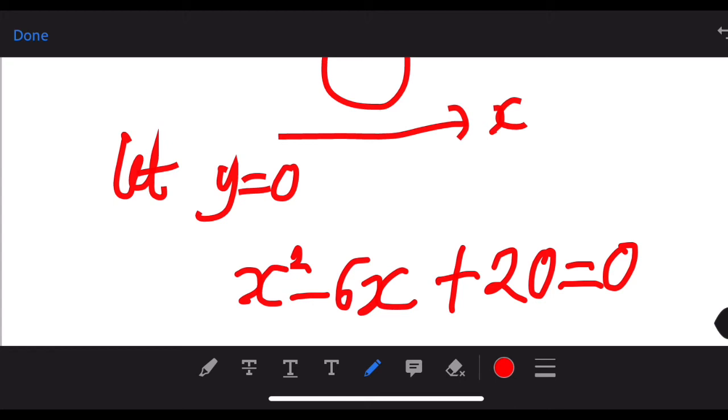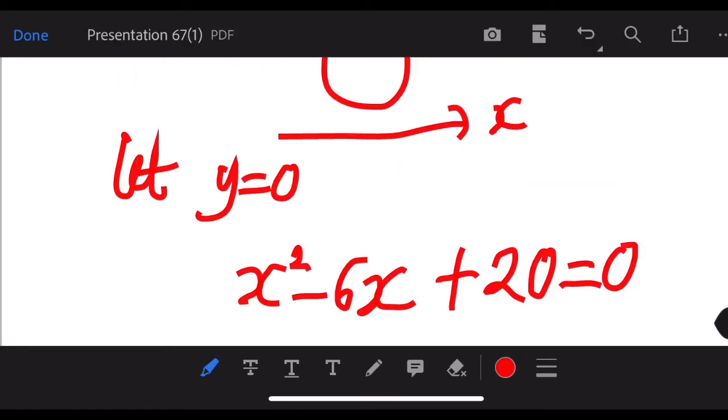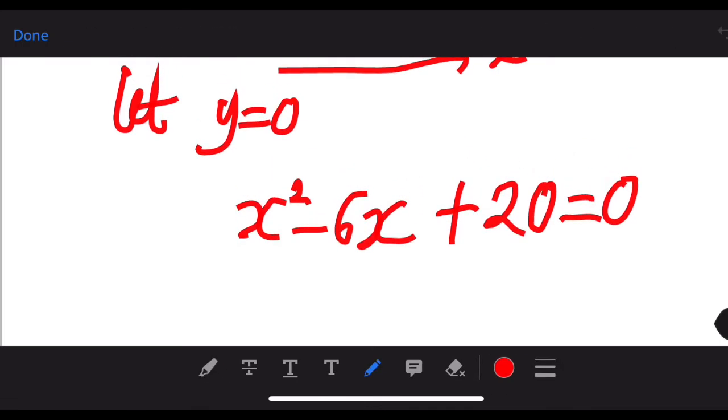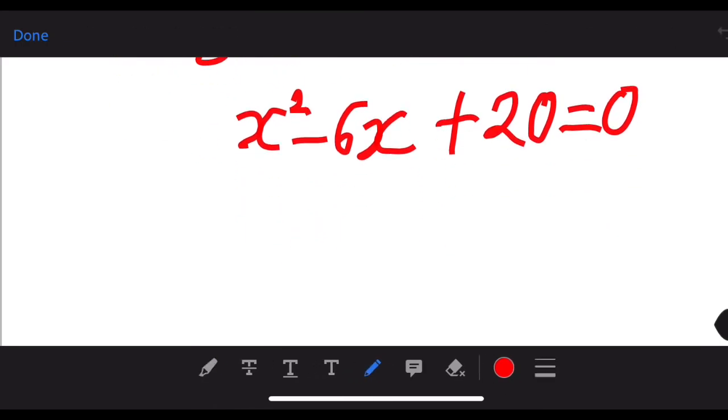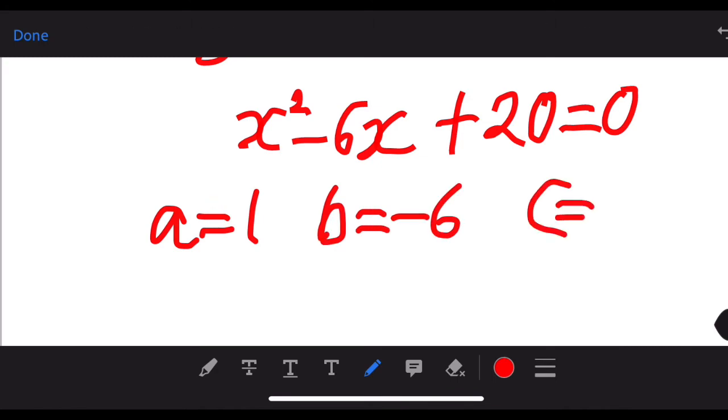So what you need to do is find out the a, b, c, then substitute into b squared minus 4ac, and check whether it is negative or not. So it's quite simple. You want to show that it has no roots. a is 1, b is negative 6, c is 20.